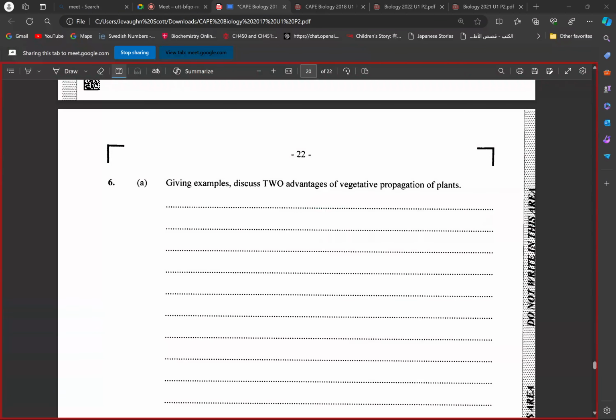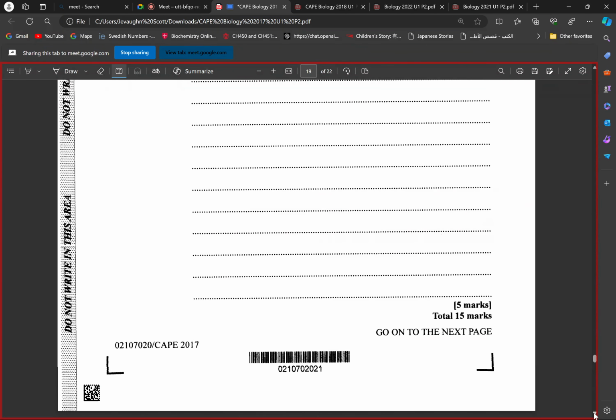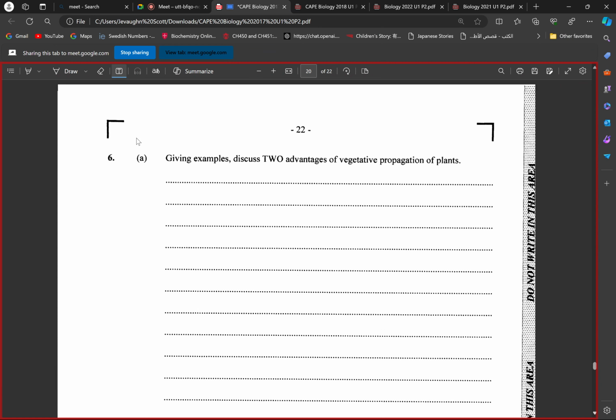So we start off the module 3 section B of 2017 with a simple question: to discuss two advantages of vegetative propagation. We know that vegetative propagation is a form of asexual reproduction. So we're looking at the continuation of advantageous traits.